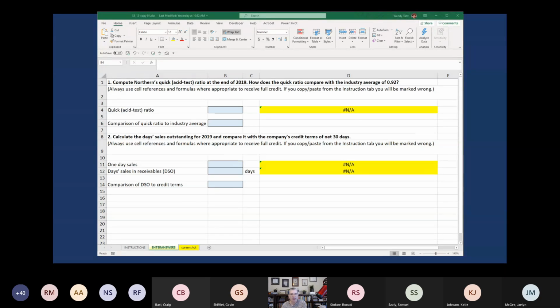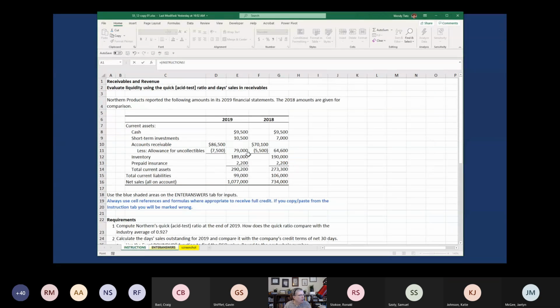So for the quick ratio, we're going to have to use parentheses again, because we have to add the things in the numerator. The numerator is going to be our cash, any short-term investments if we have them, and accounts receivable. So I do an equals and a left parenthesis. Now I'm going to go back over here. So here's my cash, right?